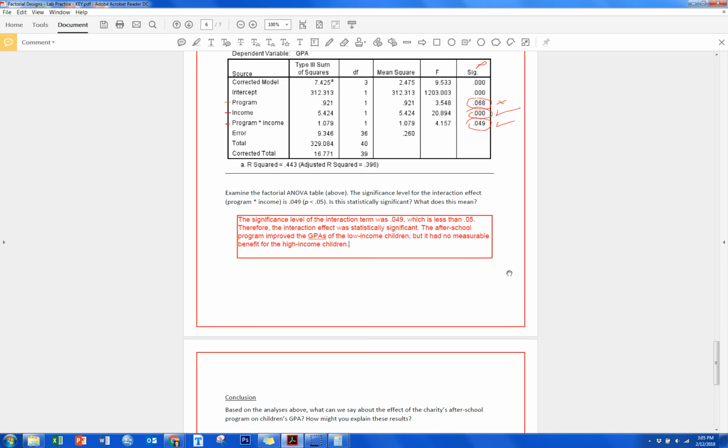So we wouldn't say that the program was bad. It certainly didn't seem to hurt the high-income kids, and it may have benefited them in some other way. Maybe they made more friends. I don't know. But we weren't measuring that, and we weren't analyzing that here. We were focused on just GPA.